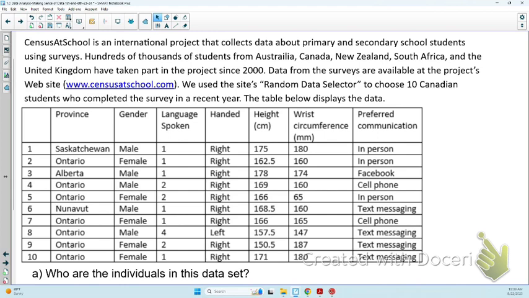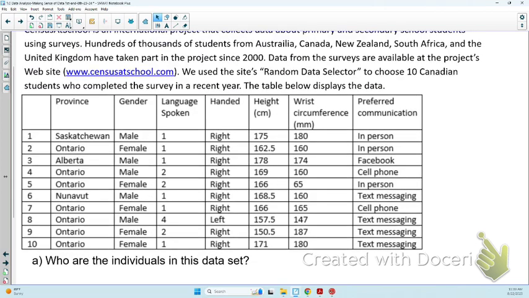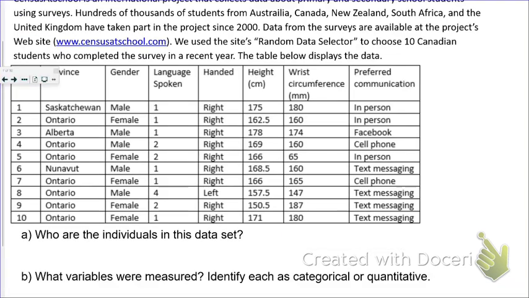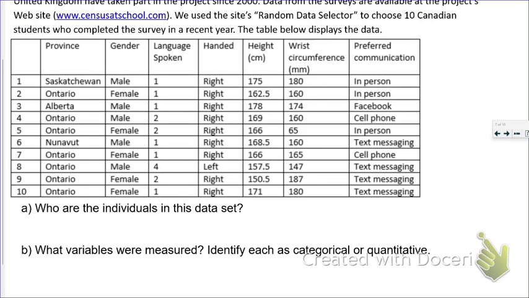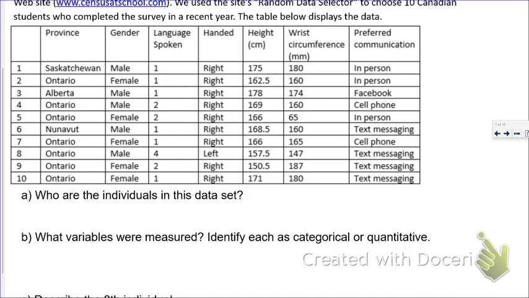Looks like 7 questions. So for the individuals in the set, let's make this a little bigger. Can't quite get it all. I think we can go off of what is typed right above the table. 10 Canadian students who completed the survey.